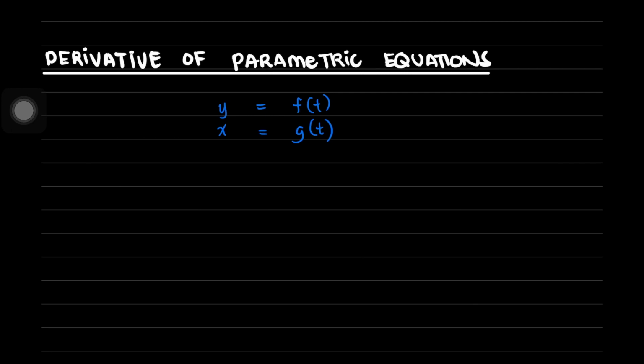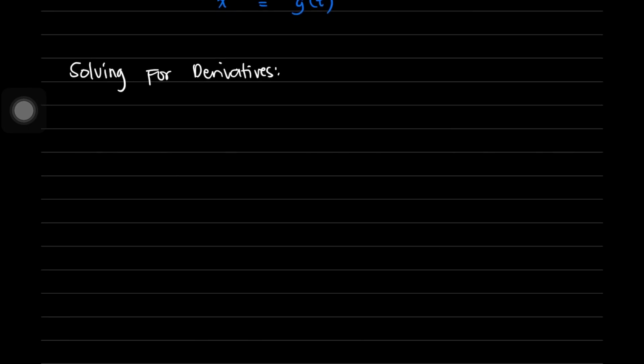Now, in solving for the derivatives of parametric equations, the first derivative is simply done by getting the derivative of y with respect to t and the derivative of x with respect to t.